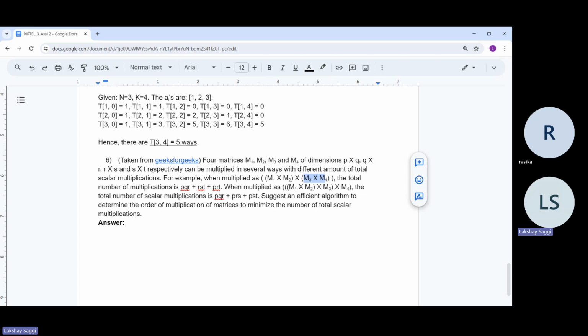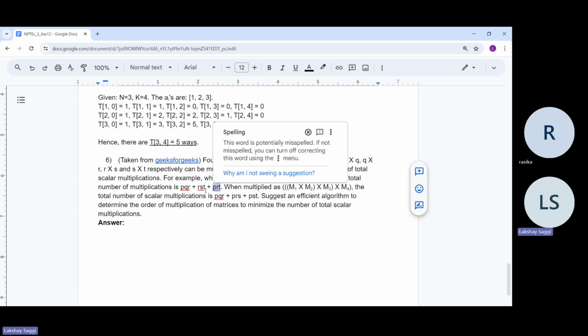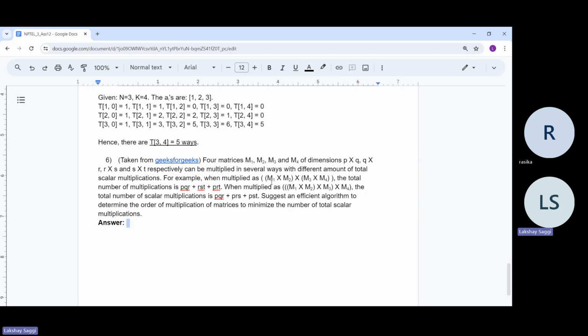So now I have to multiply a matrix of P cross R with a matrix of R cross T dimension. So it will take PRT time. So note that if I multiply the matrices in this order, M1 cross M2 first, M3 cross M4, and then the products taken together, then I take PQR plus RST plus PRT time. So I hope this calculation is clear.